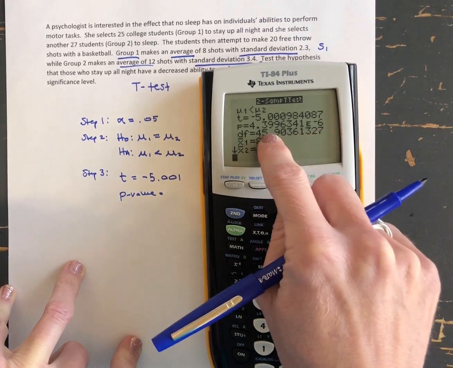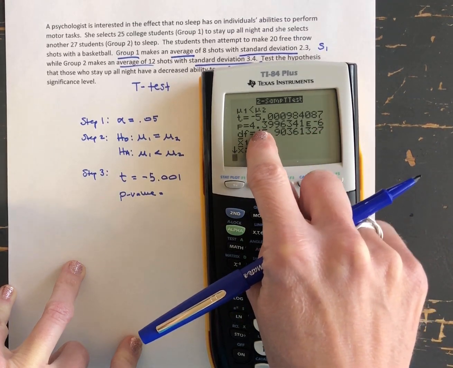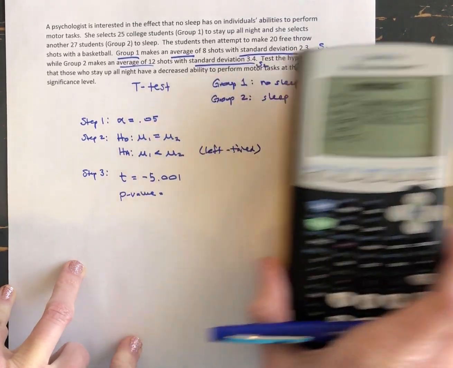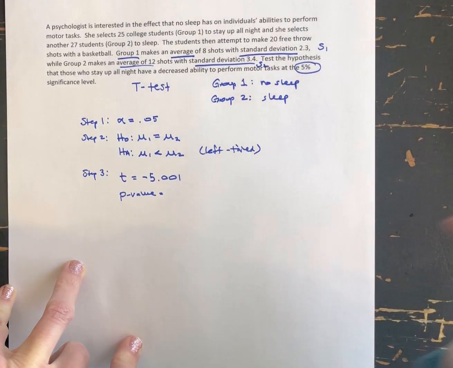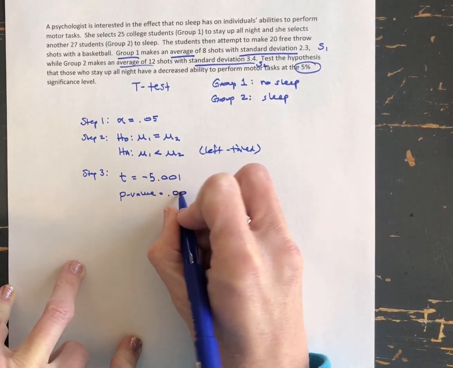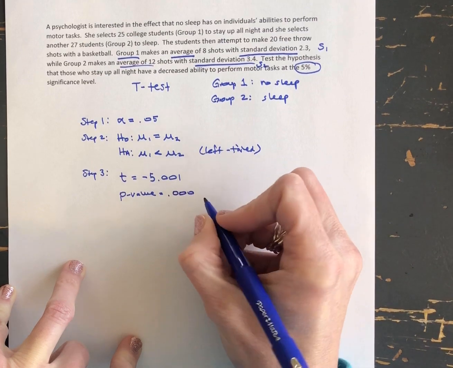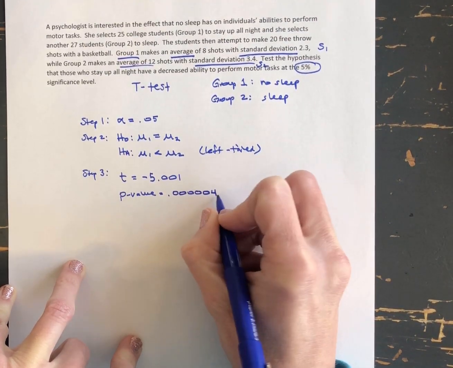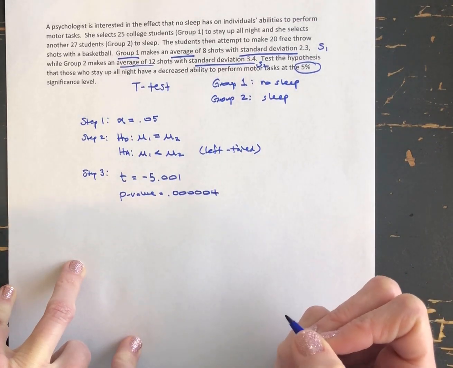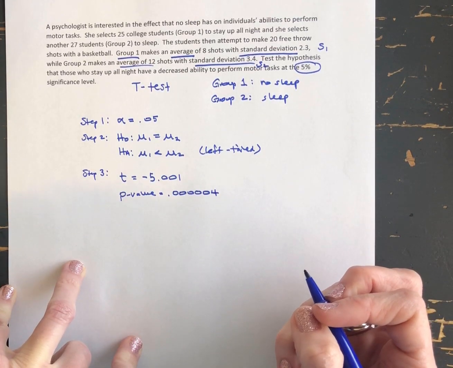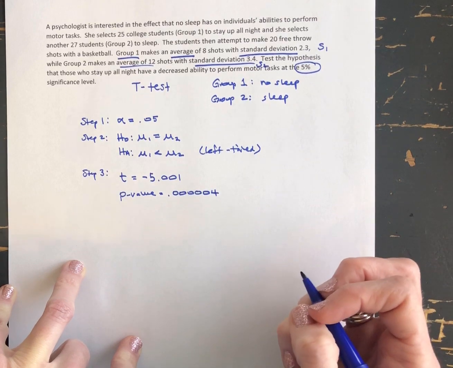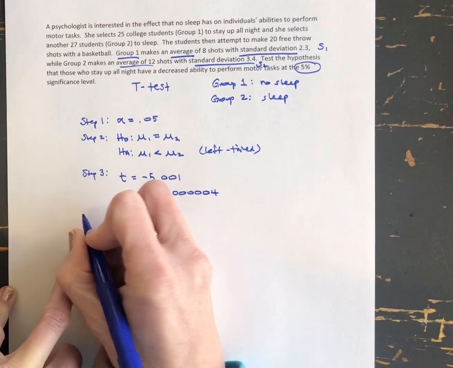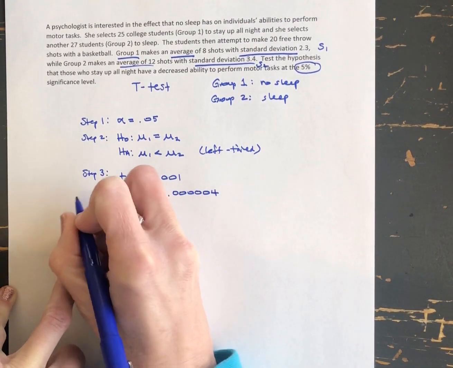That negative 6 means we have to move the decimal place 6 places to the left. So that p-value really ends up being 0.0000004 if we round that.